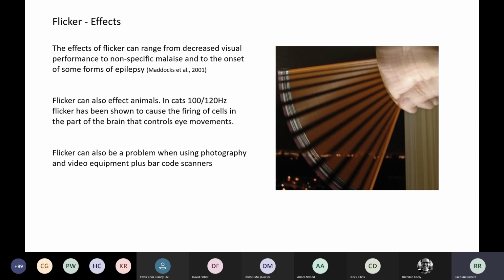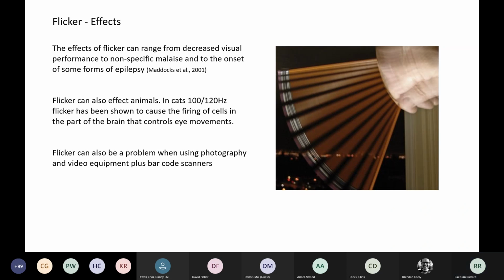So it's all been documented. It can also affect animals as well. Studies with cats have shown even 100 and 120 Hertz flicker has shown the firing of cells in the part of the brain that controls eye movement, for instance.